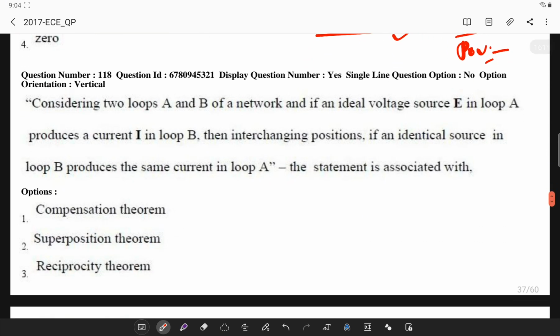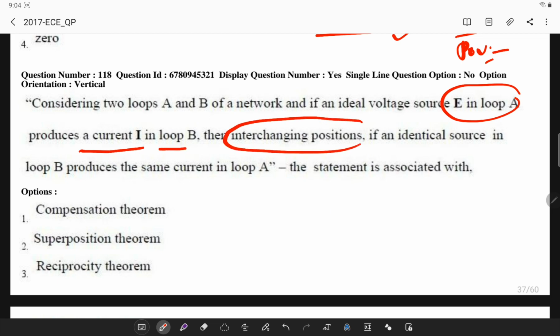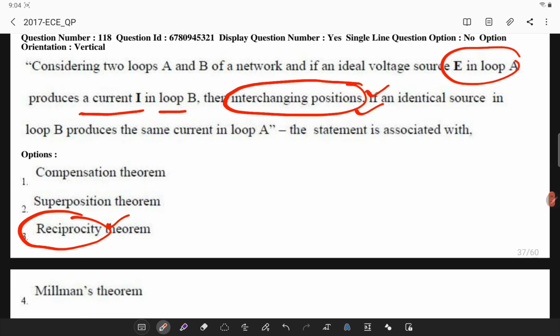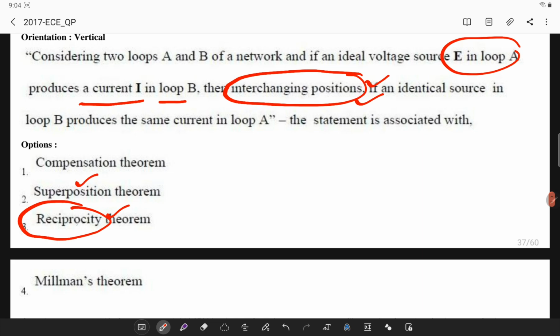Next, consider two loops A and B. If you have an ideal voltage source E in loop A, and then interchange the positions, this concept of interchanging will only happen in reciprocity. In superposition, you take individual sources at a time, whereas in the other theorems we do not do this.